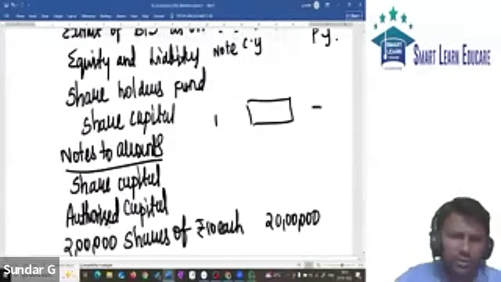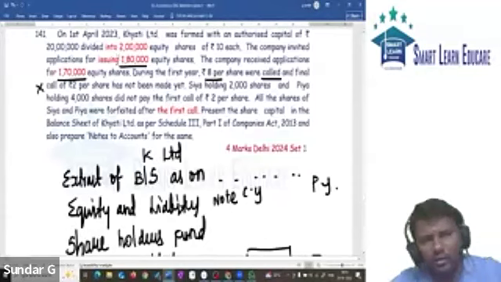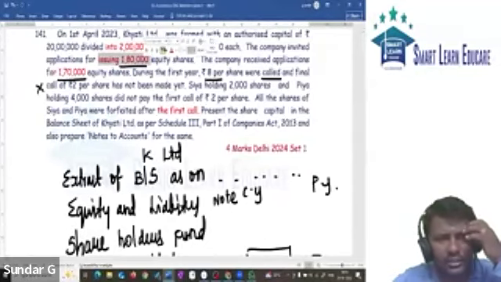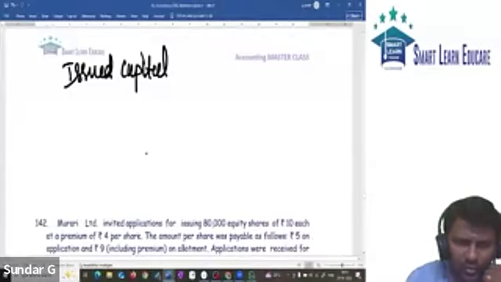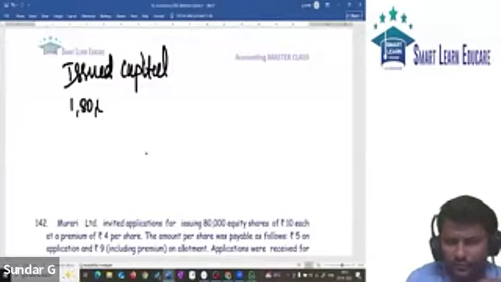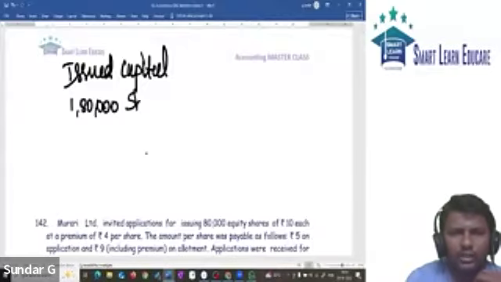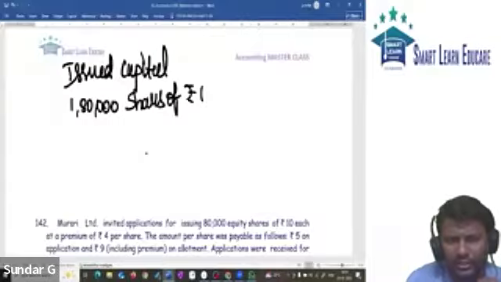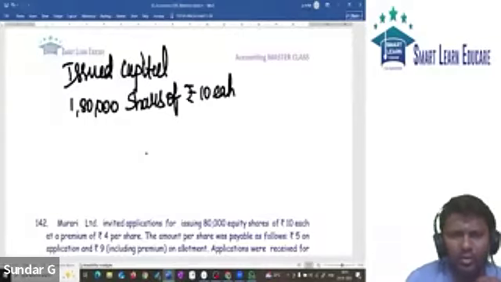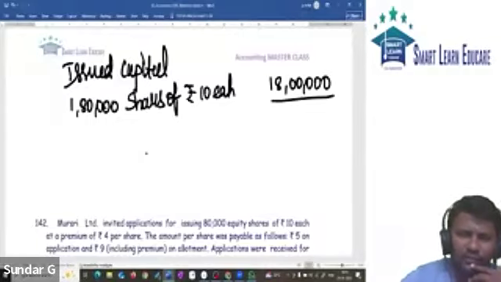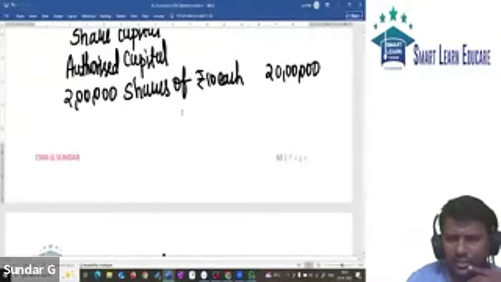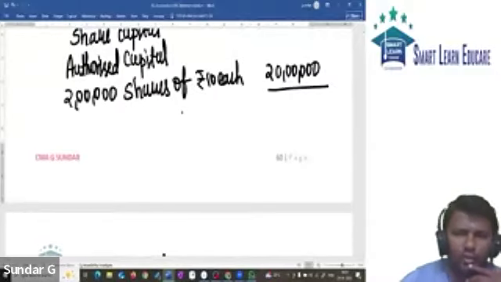Total we have 2 lakh shares, but the public issue is only 1,80,000 shares of rupees 10 each. 1,80,000 into 10 will give you 18 lakh. But this is not considered for the total. Even authorized capital is not considered for the total.